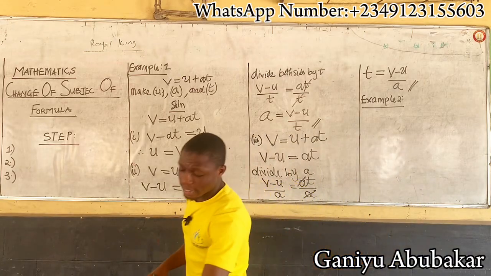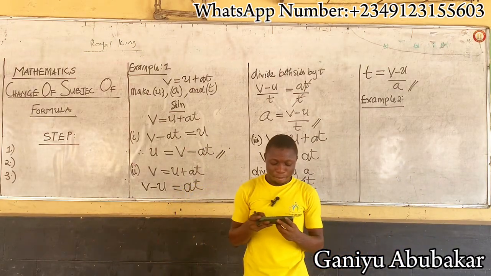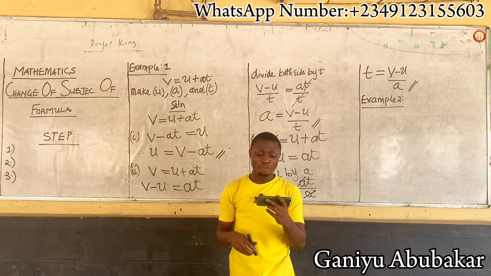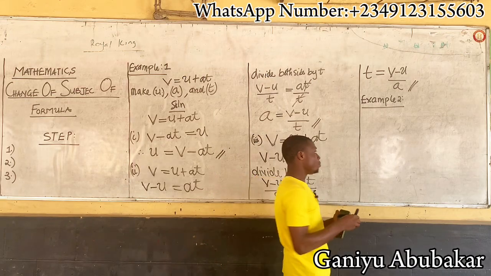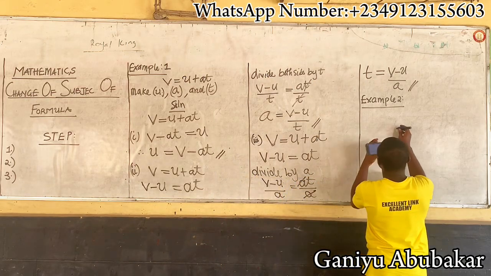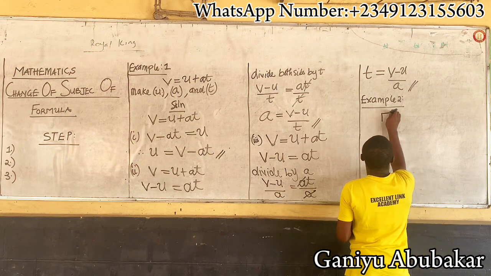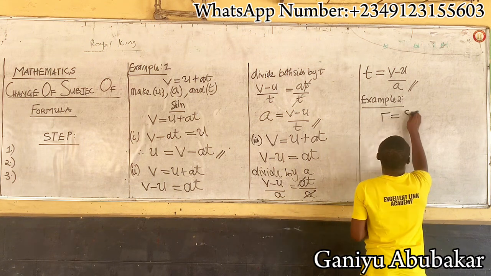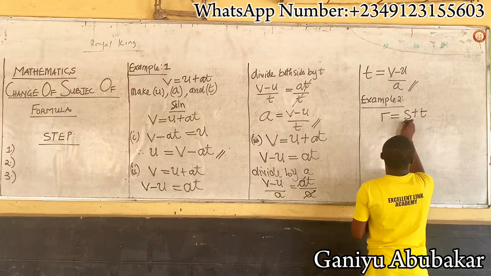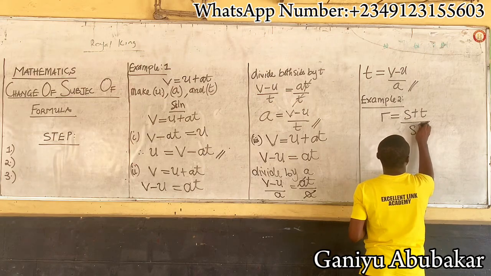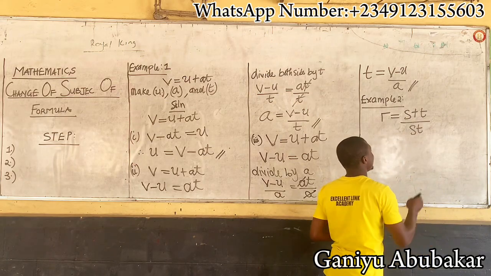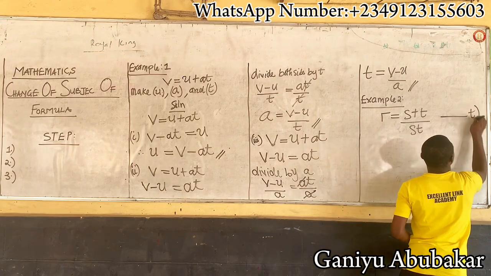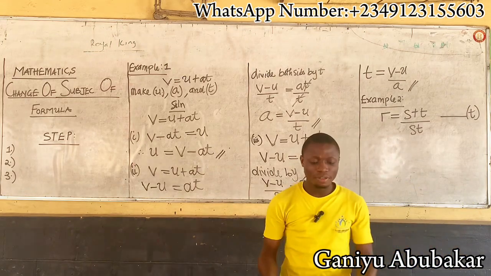Example 2 says make t the subject of formula in the given equation below. I'm given that r is equal to s plus t over st. Make t the subject of formula.